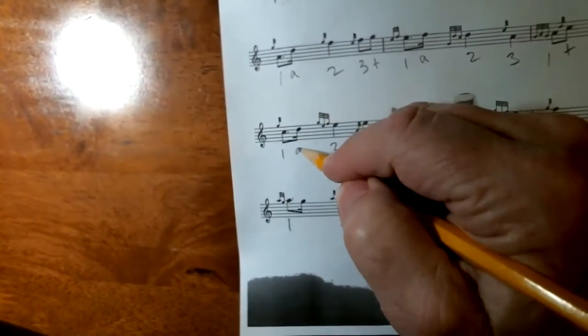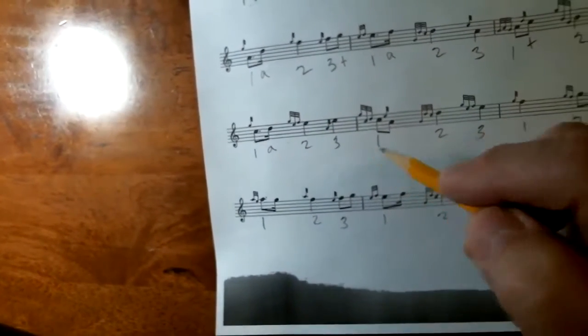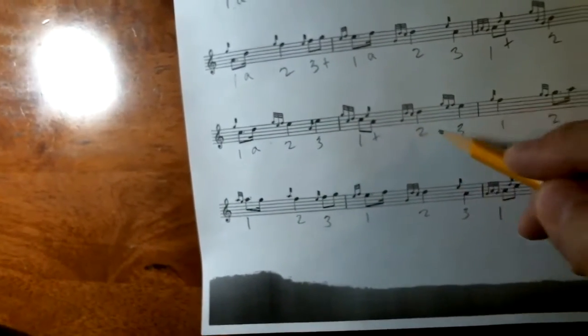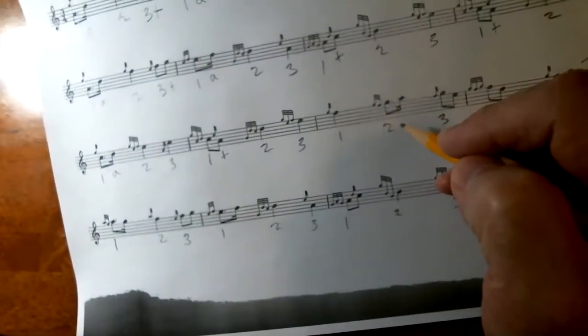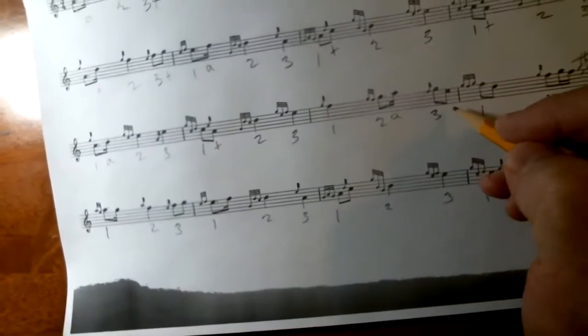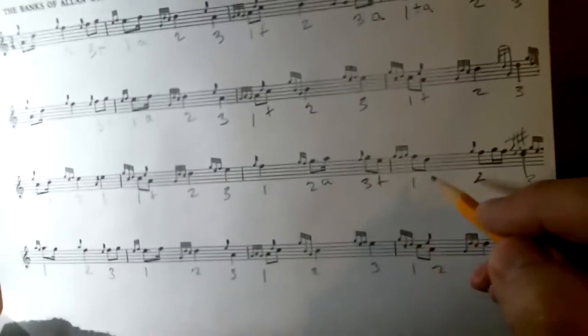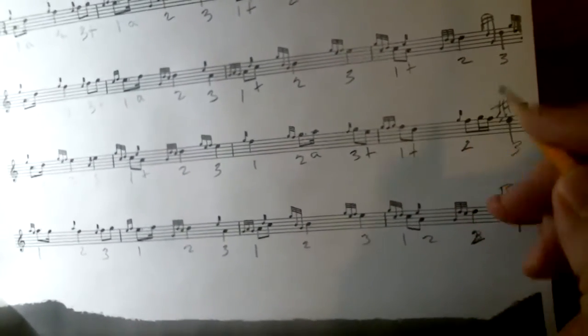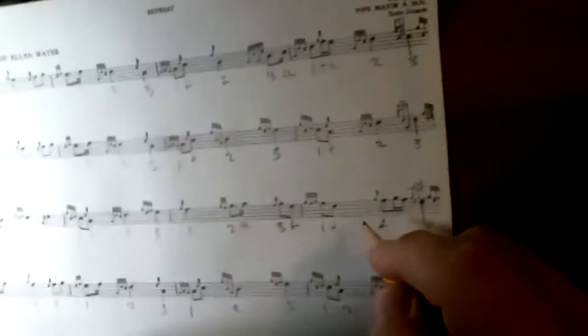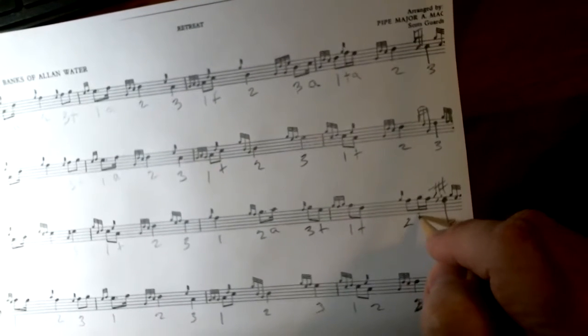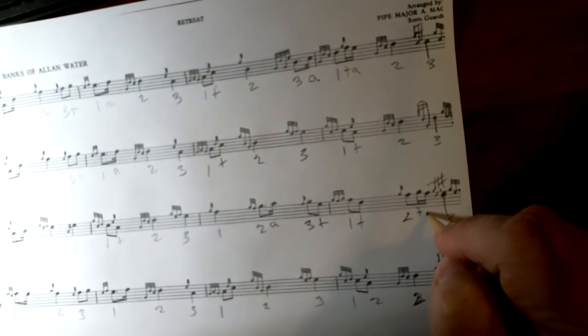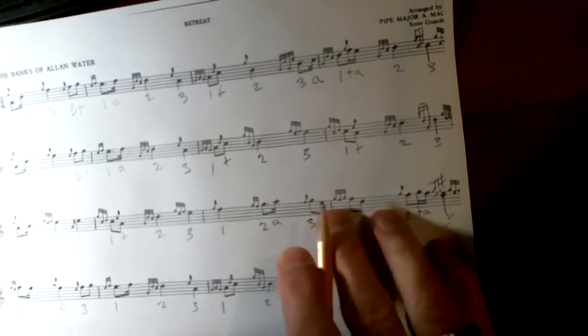See, it's not that hard, is it? 1, 2, 3, 1 and 2, 3, 1, 2, 3 and 1 and 2 and, here we go, and again, and then 3.